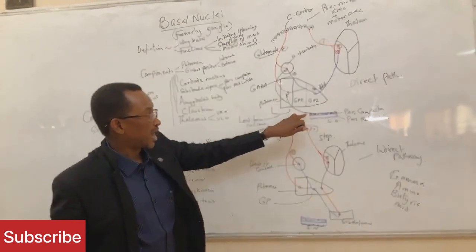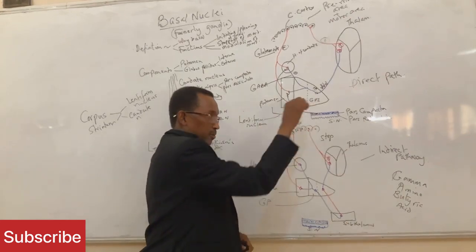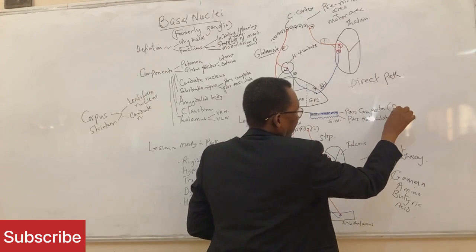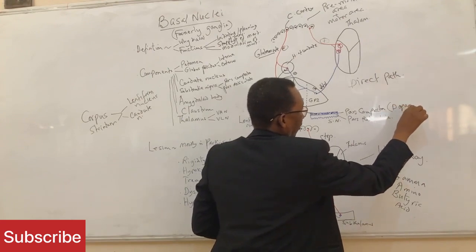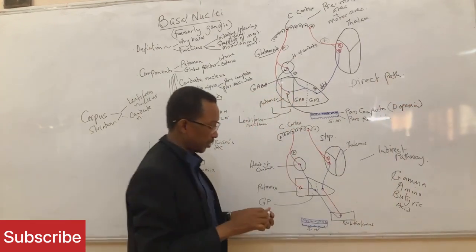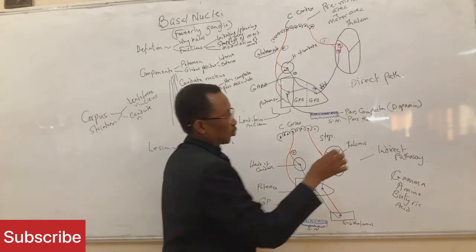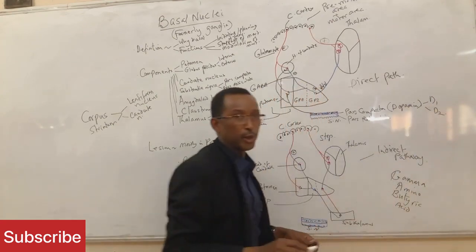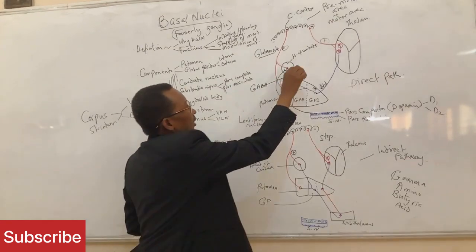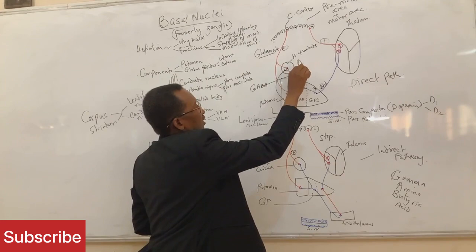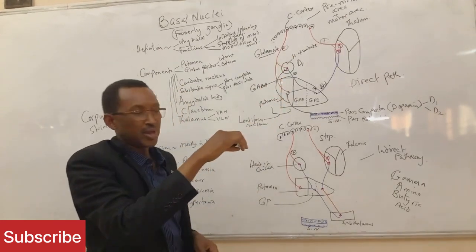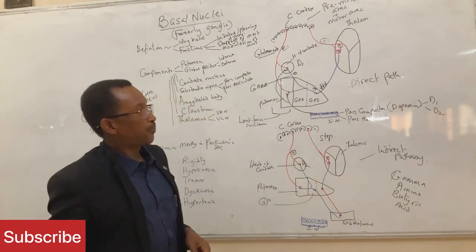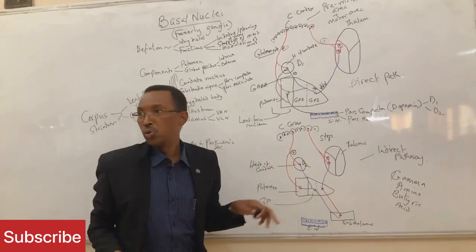So with regard to this pars compacta of the substantia nigra, what it releases is what we call dopamine. And I'm sure you are aware of the function of this dopamine. This dopamine has what we call D1 and D2 receptors. Are you clear? For the direct pathway, this dopamine acts on the D1 receptors, and for the indirect pathway, the dopamine acts on the D2 receptors.